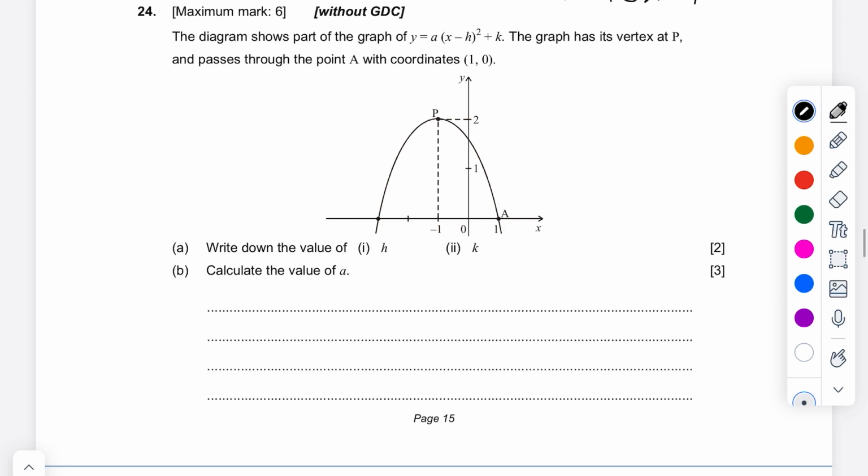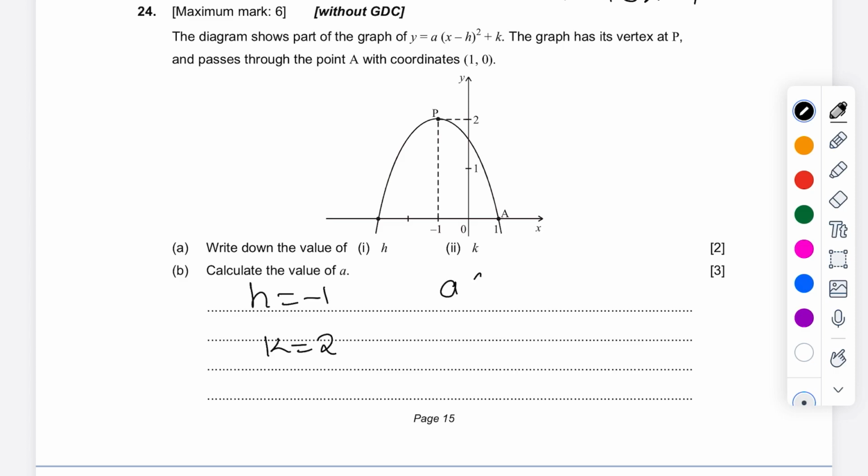Question number 24. The diagram shows part of the curve. The graph has its vertex at P and passes through the point A, which is the coordinate (1, 0). Write down the values of h and k. So the vertex's h value is negative 1 and k value is going to be 2.